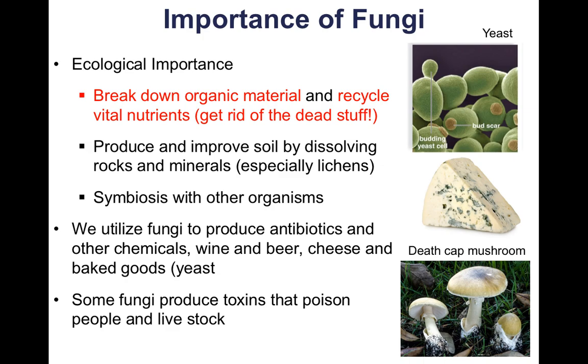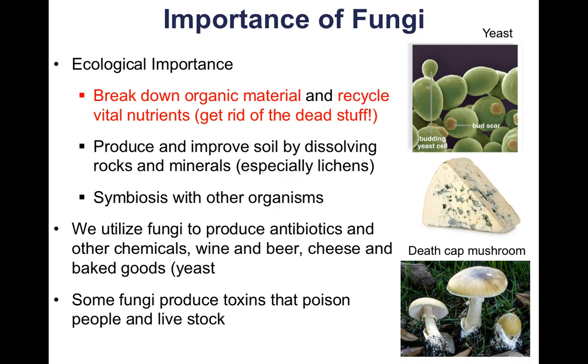We also use fungi a lot to produce things that we need. You may be aware that the first antibiotic was isolated from a fungus, a mold, penicillin. We also use fungi to produce other types of useful chemicals.